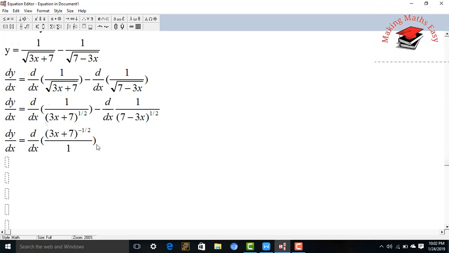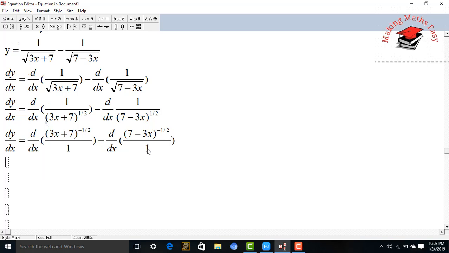So again the power of this particular function will be the same: 7 minus 3x raised to minus 1 by 2, so the power will be minus 1 by 2 divided by 1.